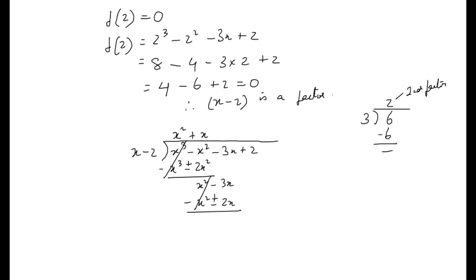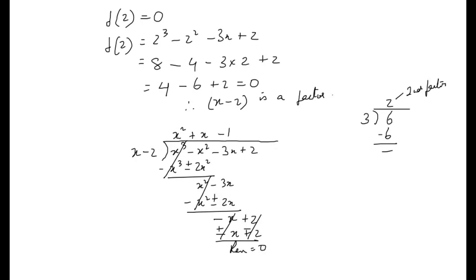This is minus x plus 2. I'm going to write here x into minus 1 gives me minus x, and minus 2 into minus 1 gives me plus 2. Change the signs for subtraction and everything cancels out. Remainder is 0 because we already showed that x minus 2 is a factor. So x squared plus x minus 1 is the remaining factor.